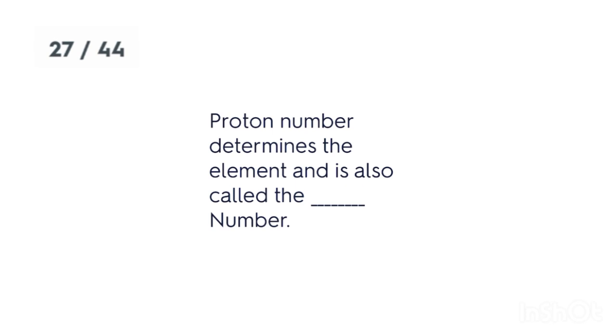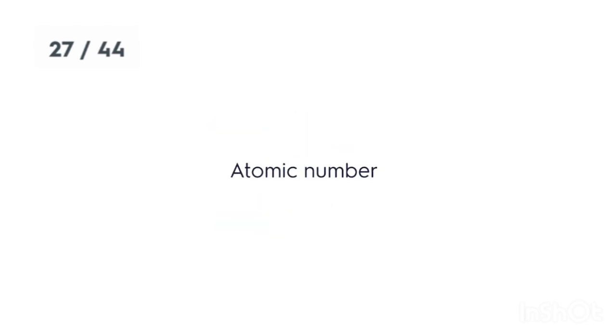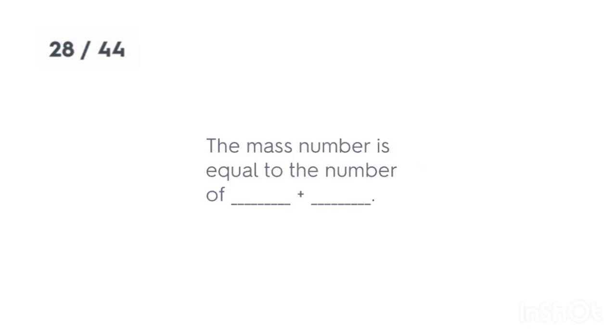Proton number determines the element and is also called the blank number. Atomic number. The mass number is equal to the number of blank plus blank.